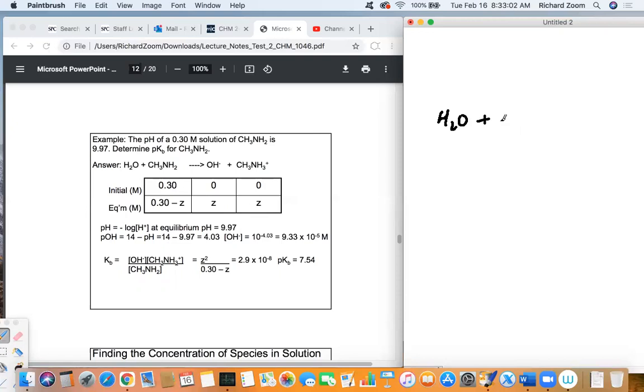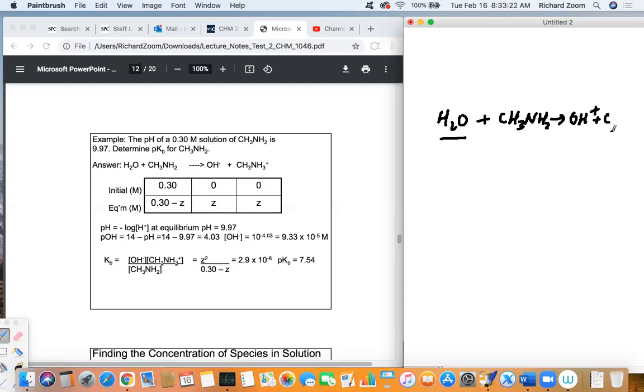The OH minus actually has to come from the water in the solution. And we have no choice when we're writing these equations to use water here. So when we do that, we end up with OH minus. And the other thing we'll end up with is CH3.